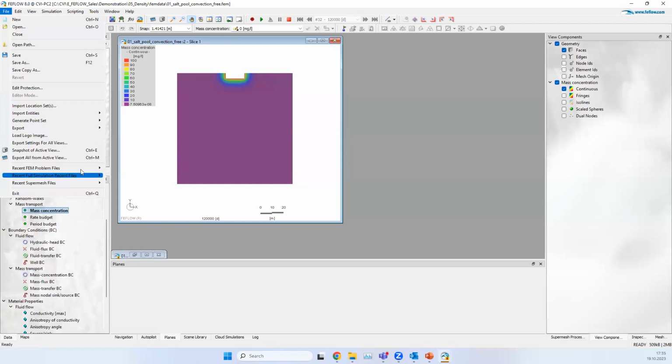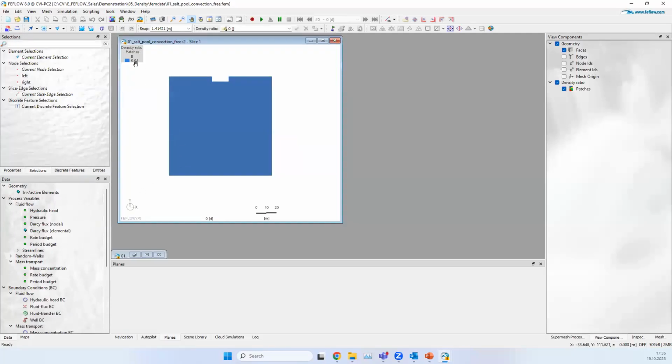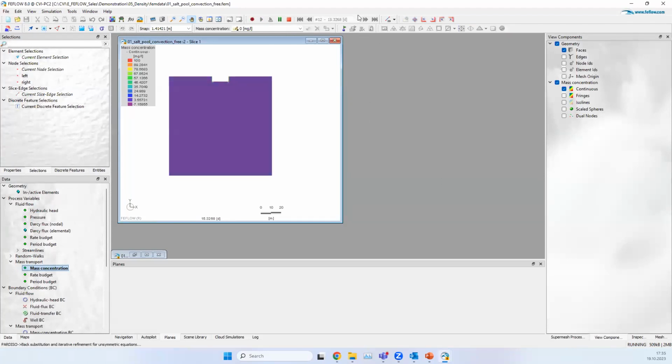Okay, so let me reopen this, and now see the density is 0.01. So I'm telling it that there is 10% more density when I have the maximum concentration than at the reference concentration of 0. Now, if we start the simulation, you will see that it takes a bit more time to calculate.